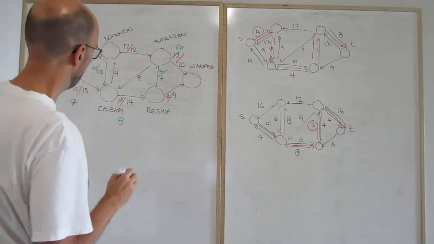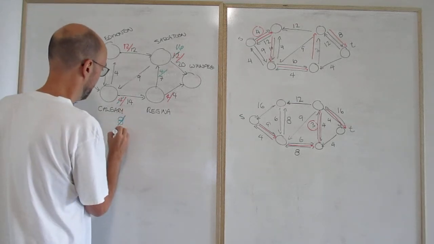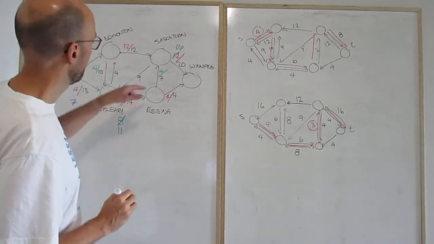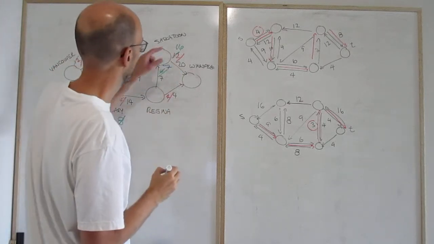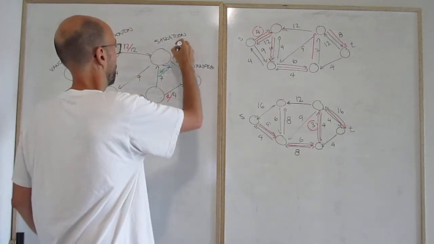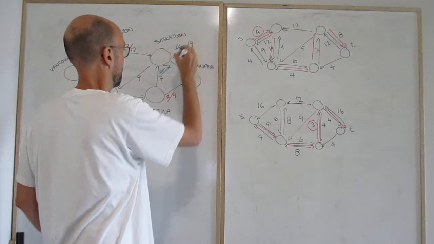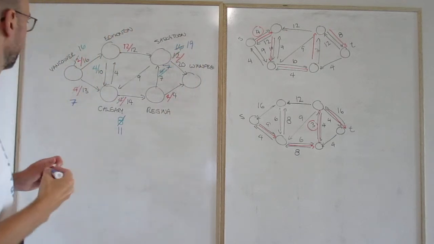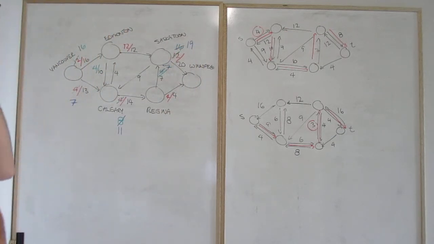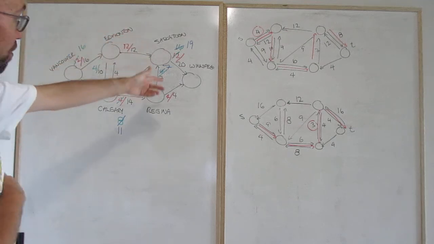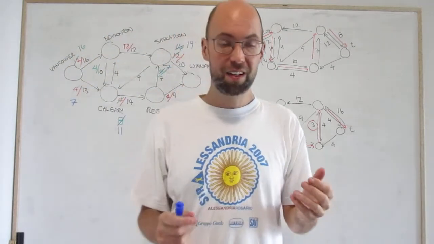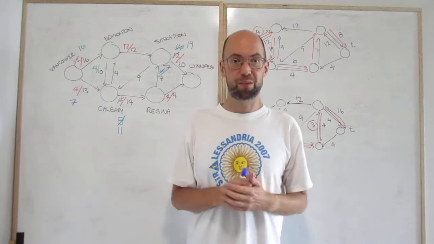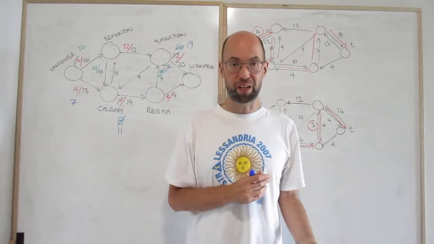So we add 3 to that. This is now 11. Now this is now 7. And this is now 19. Okay? So now we're sending 23 crates of pucks every day from Vancouver to Winnipeg.